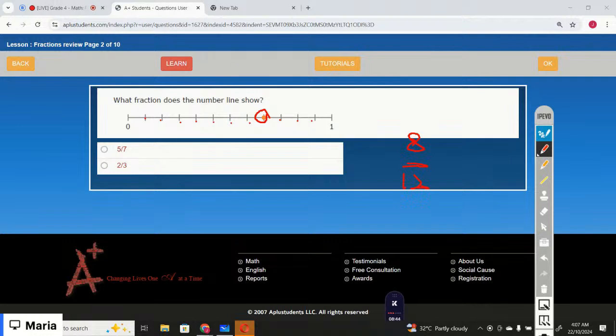So which is the correct option? That is 2 out of 3. Option number 2 is the correct option.